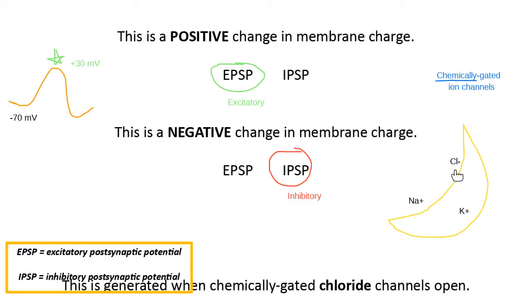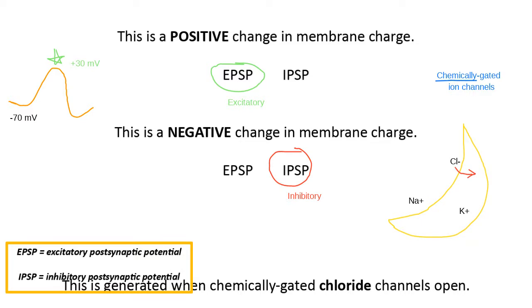Remember yesterday we said that chloride is an anion. It's got a negative charge. So if I open up a channel for chloride, do I get more positive or more negative when I move inside? Does chloride get me more positive or more negative? Yeah, exactly. It's going to make me more negative.